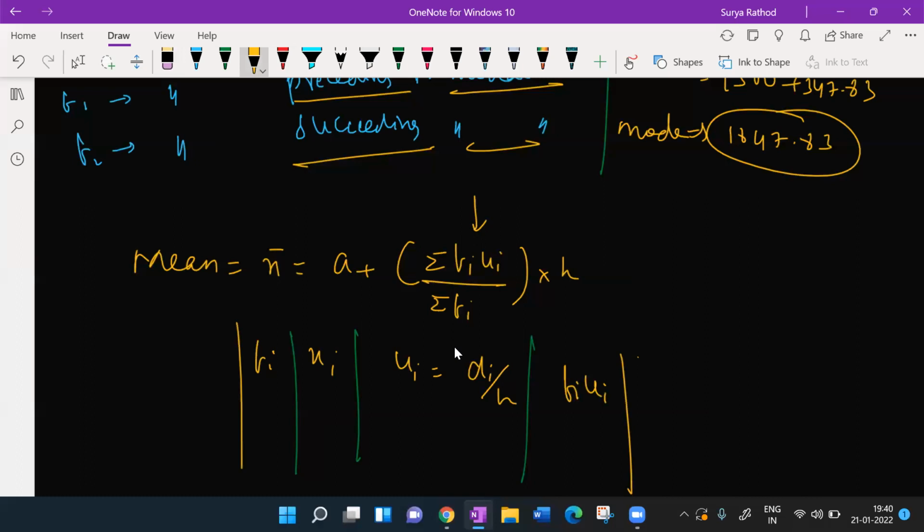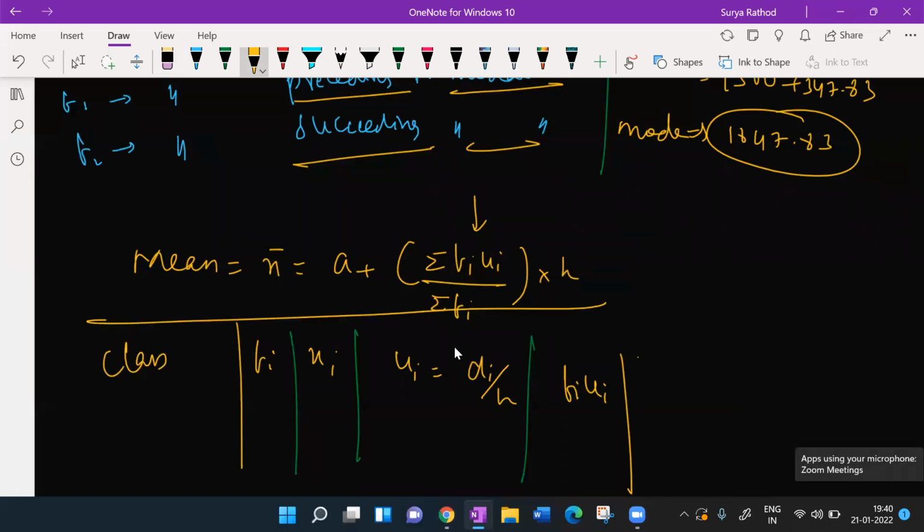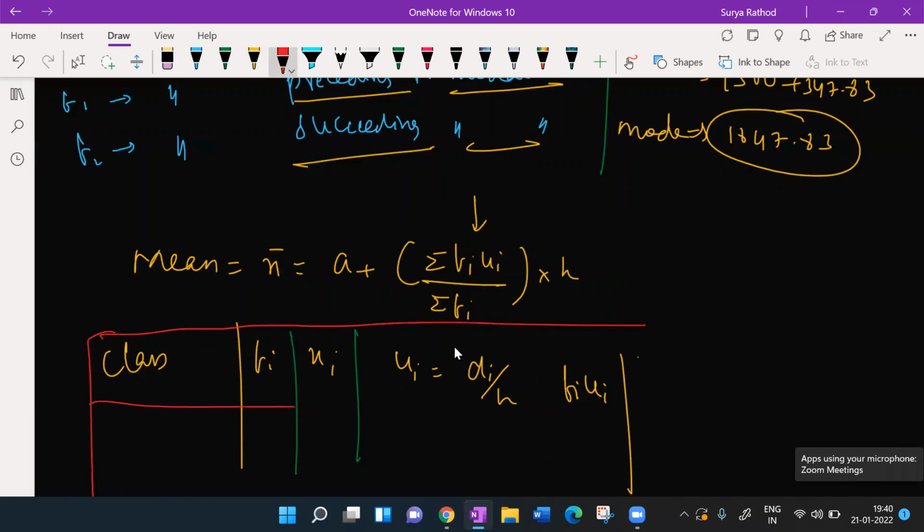Here class. This is how you have to make the table. People, are you able to understand or not? Tell me. Class interval. Clear?